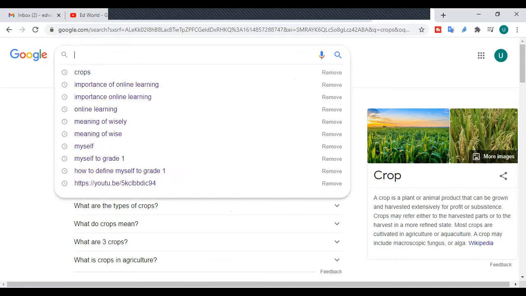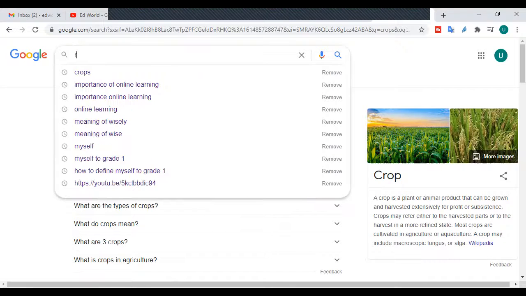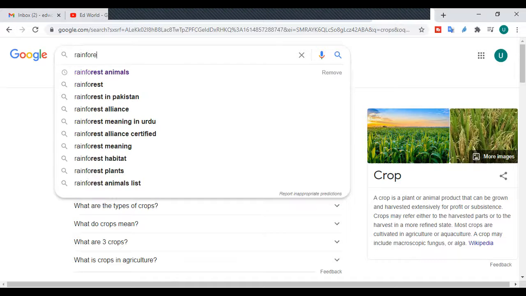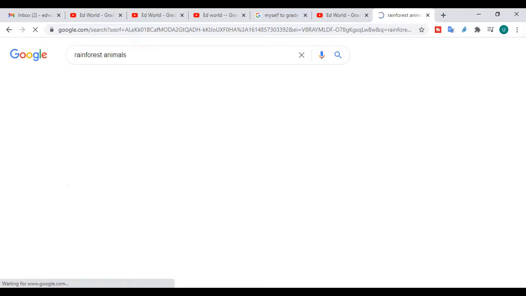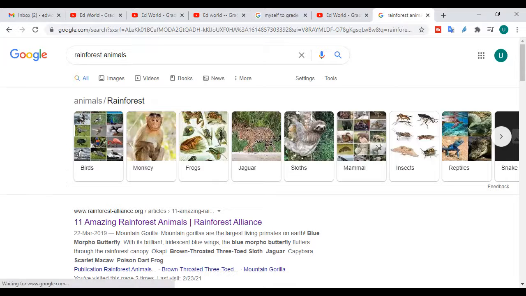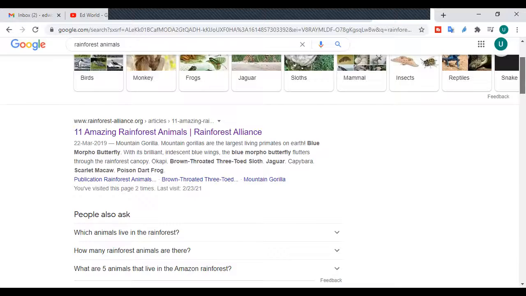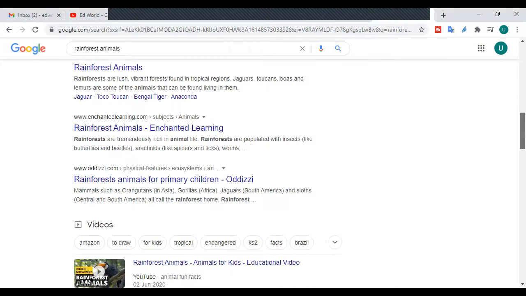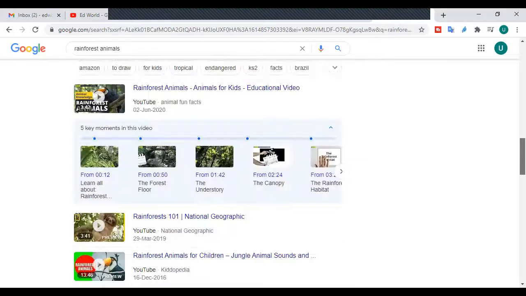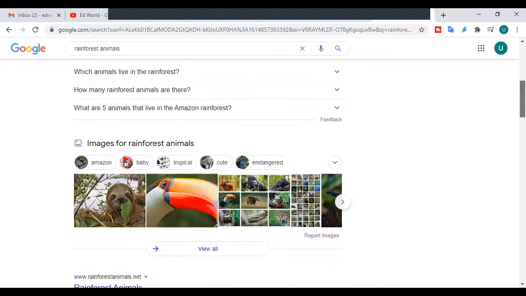Let's say if I want to search for rainforest animals, I want to know about them, right? I specifically want to know about the rainforest animals. Now the results which are over here are 11 amazing rainforest animals, Enchanted Learning for primary children, National Geographic, list with pictures, right?